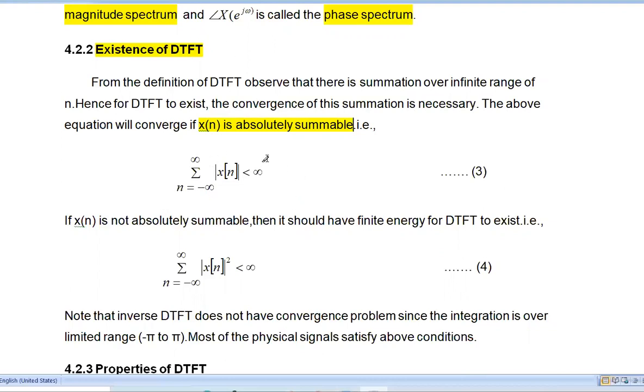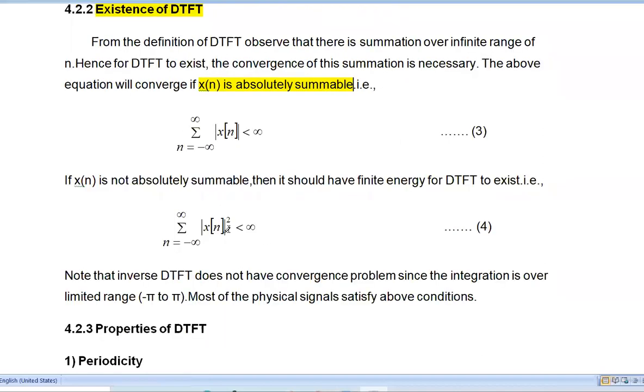So what is the condition for the existence of the DTFT? The DTFT exists if the given signal x(n) is absolutely summable. This is also one of the 2-mark questions. Or, if the signal x(n) is a finite energy signal, then the DTFT will exist.